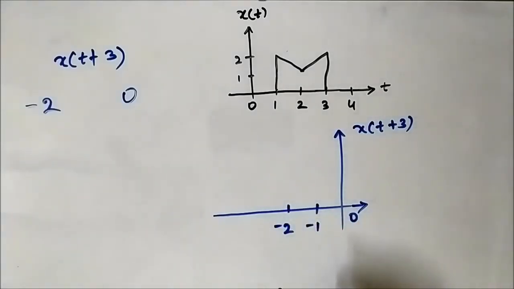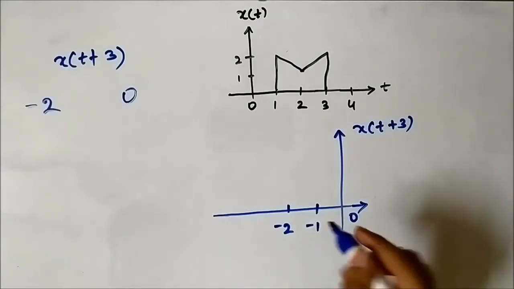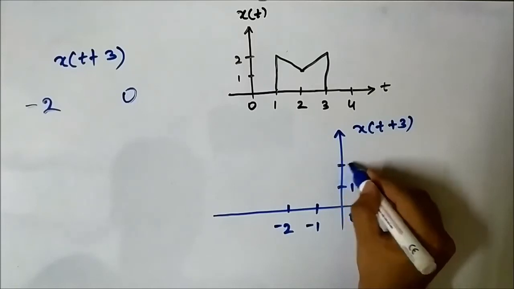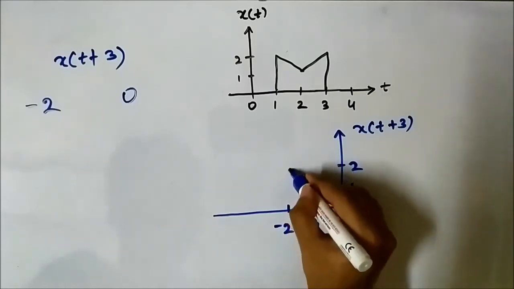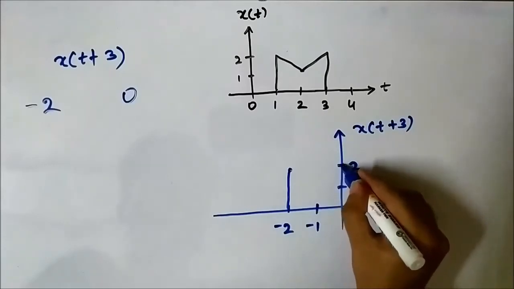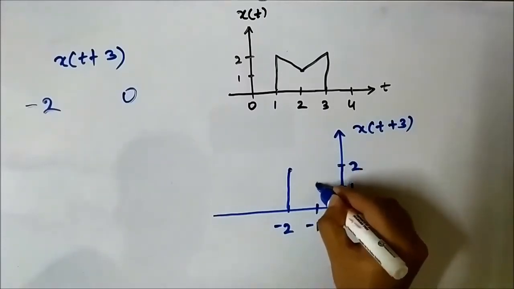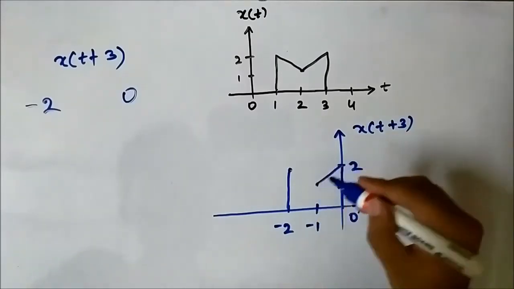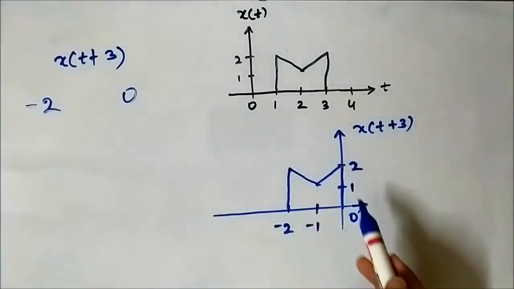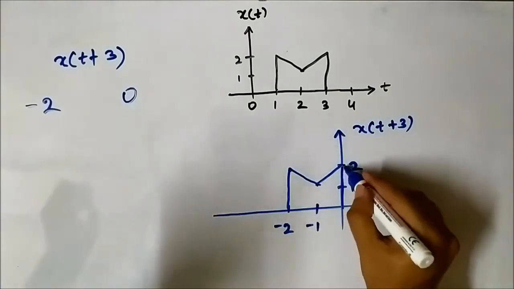It will start at -2 and end at 0. This is the shifted signal.